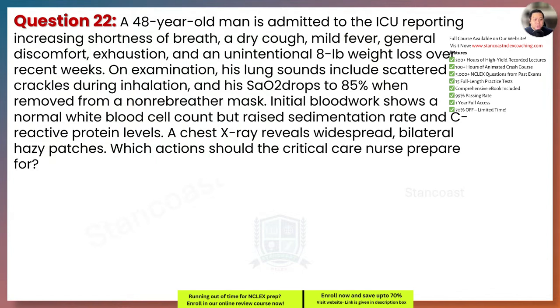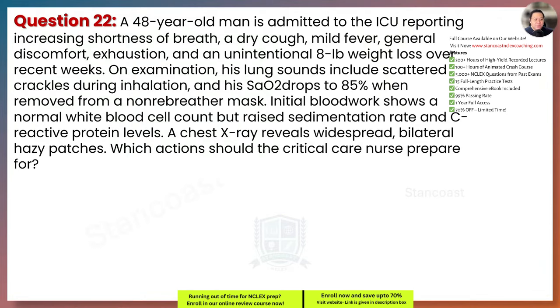Initial blood work shows a normal white blood cell count, but raised sedimentation rate and C-reactive protein levels. A chest X-ray reveals widespread bilateral hazy patches. Which actions should the critical care nurse prepare for?